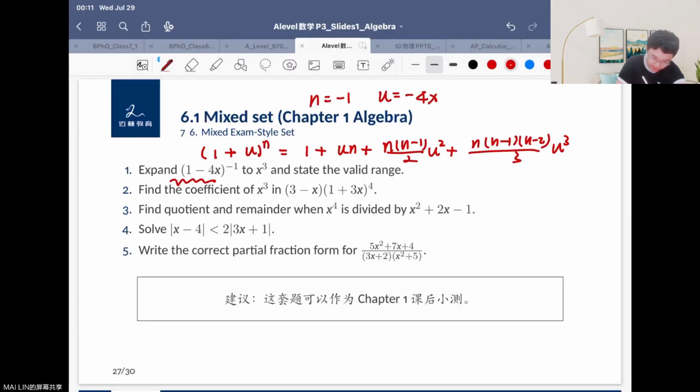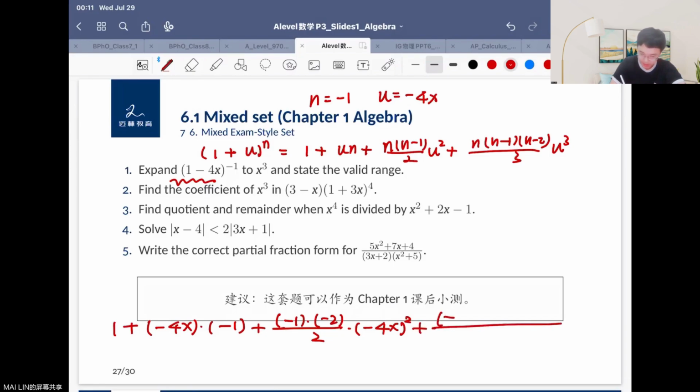So then we set 1 + u times n, then plus n(n-1) over 2 times u squared, and then plus n(n-1)(n-2) over 3 times u cubed, right? That is it.